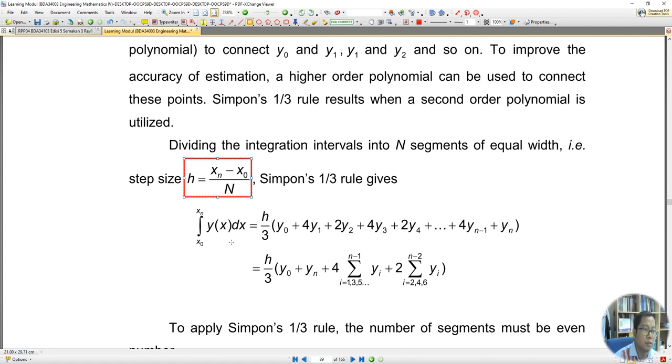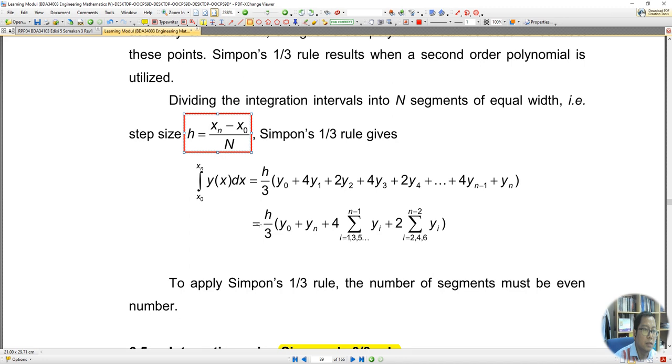Simpson's rule gives h over 3, because one-third, so h over 3 multiplied by the value of y0, the first area, the last area, plus multiplication of 4 multiplied by the values at 1, 3, 5, the odd numbers, and the even numbers.